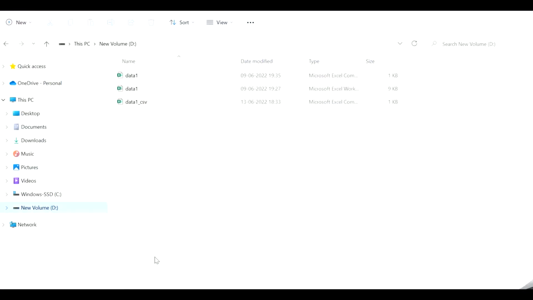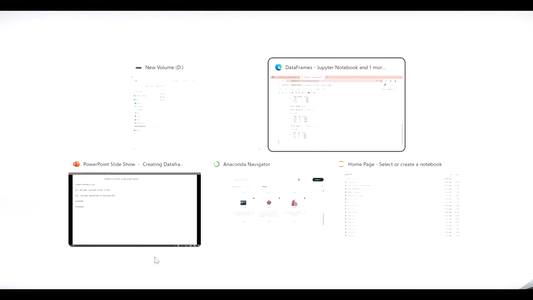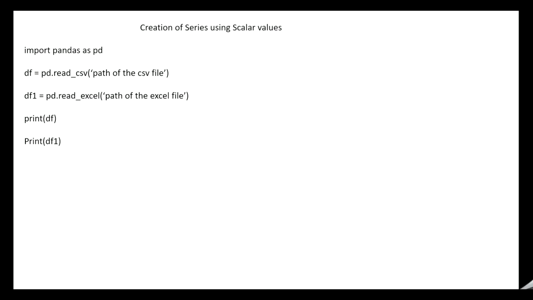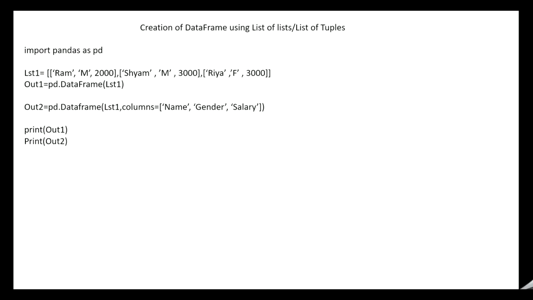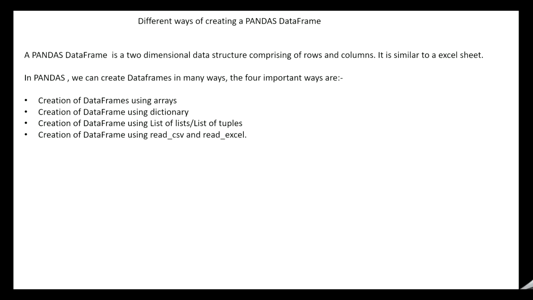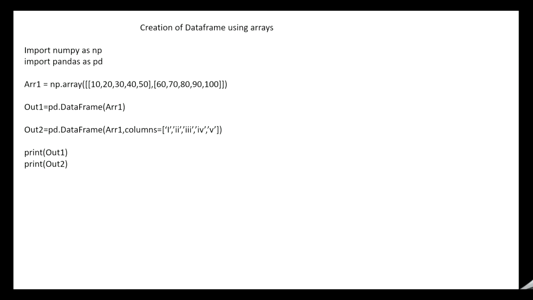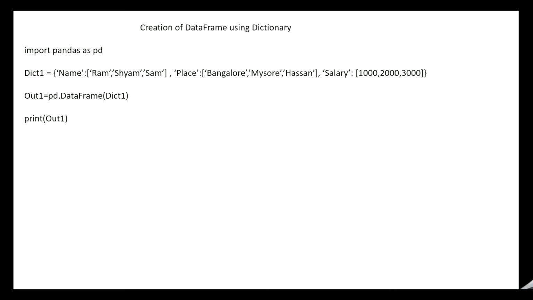So friends, these are the four important methods in which we can create a data frame in Pandas. The first one we saw with the help of a two-dimensional array which has rows and columns. The second we saw with the help of a dictionary. All the keys act as column names and the values act as the actual values.